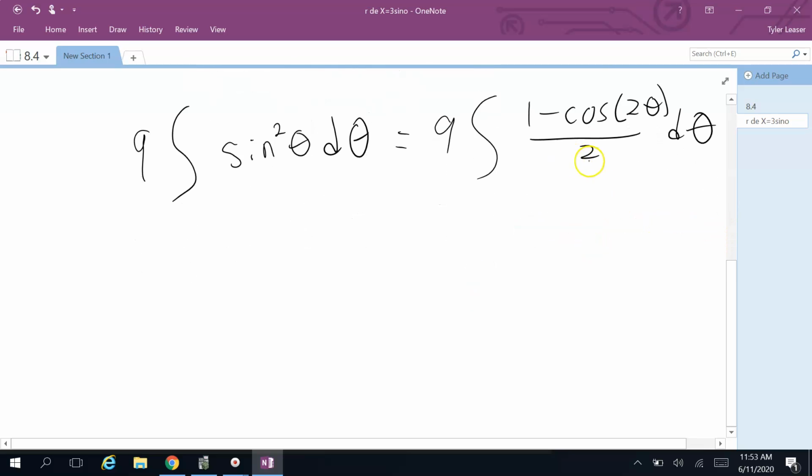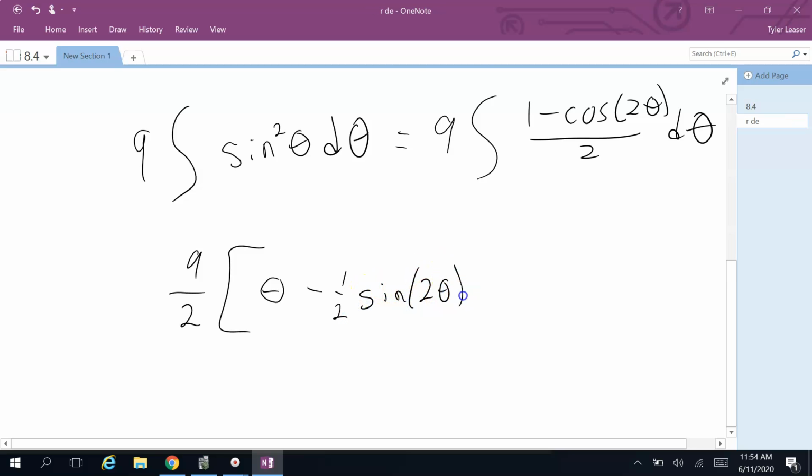I can pull that 2 out as a 1/2, so now I have 9 halves out in front, and then I can go ahead and find the antiderivatives. So I'm going to have this 1, that 1 is going to go to theta, minus cosine 2 theta has antiderivative 1/2 sine 2 theta. All of that plus c.